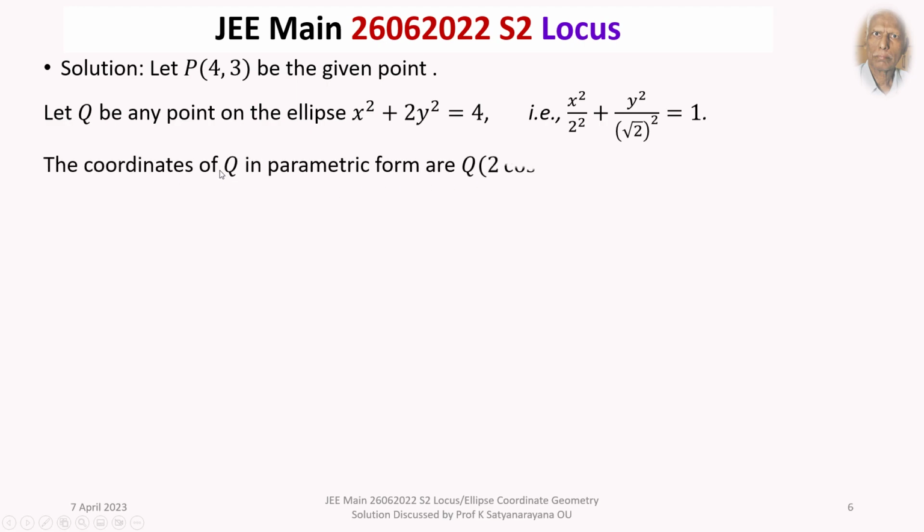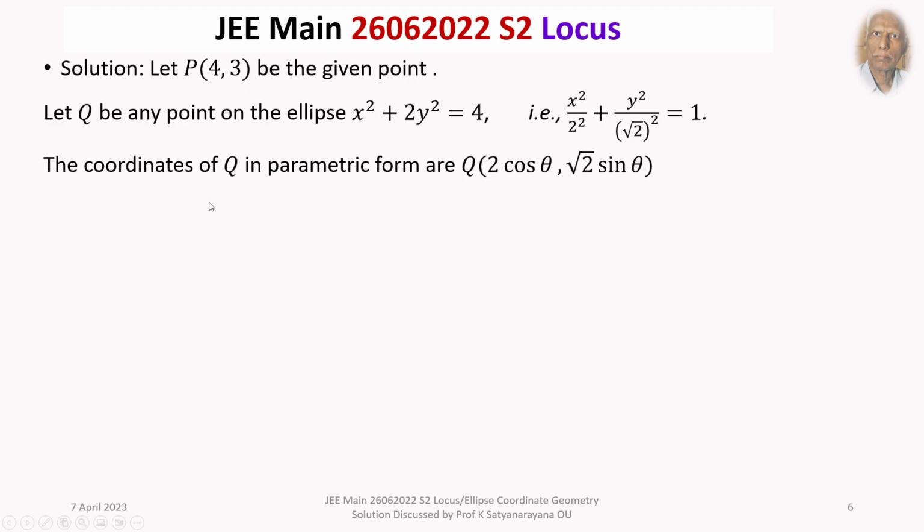The coordinates of Q in parametric form are Q given by (2 cos theta, root 2 sin theta). For a standard equation of the ellipse x squared by a squared plus y squared by b squared is equal to 1, the coordinates of any point in parametric form are given by (a cos theta, b sin theta).